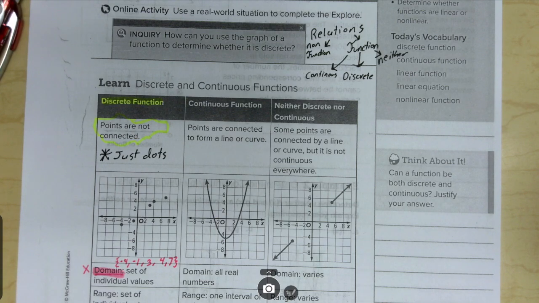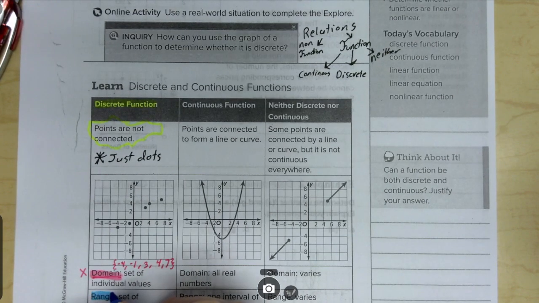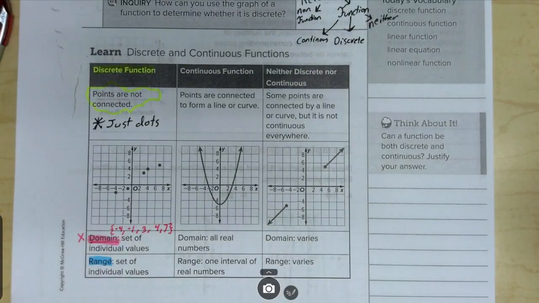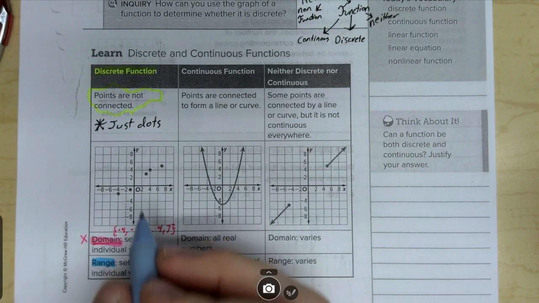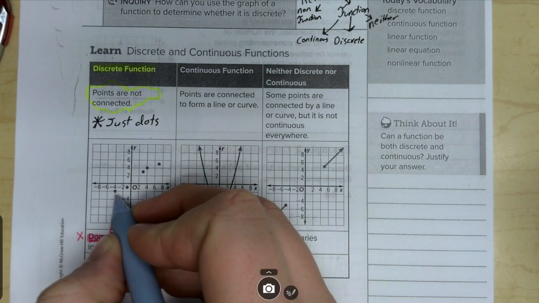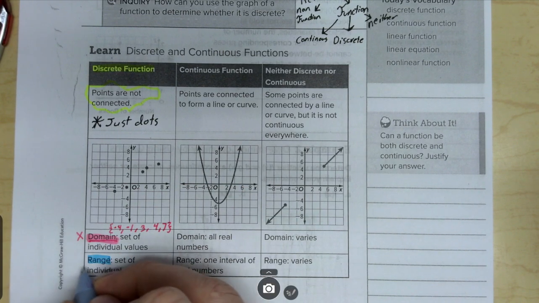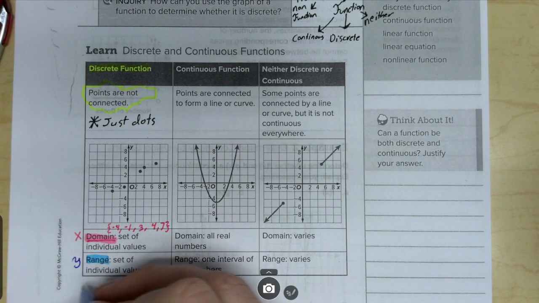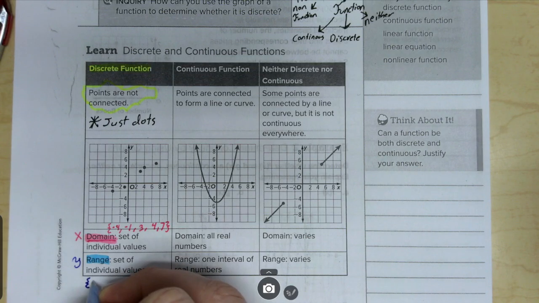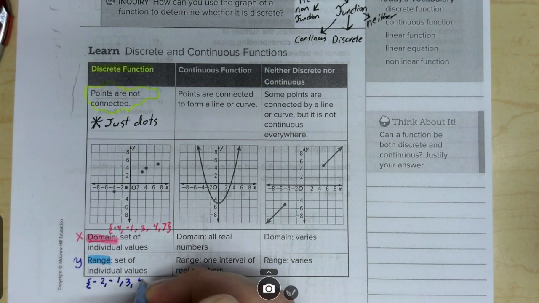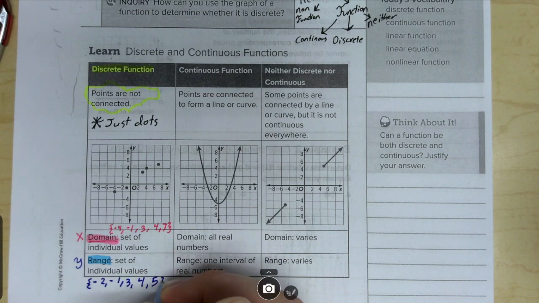Then for our range, since this is just a bunch of dots, we have our set of individual values, which would be a collection of the y values from least to greatest. So for the y values, we have -2, -1, 3, 4, and 5.